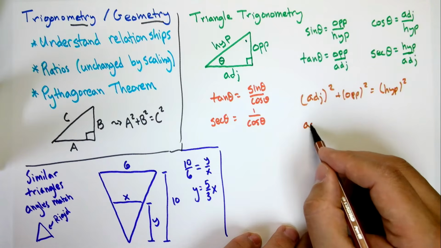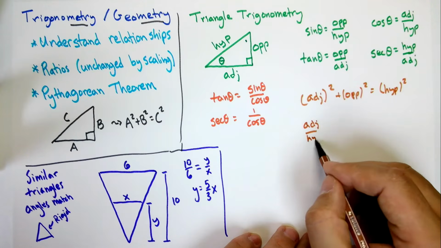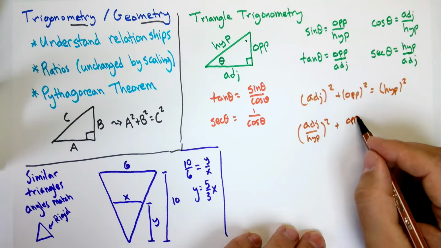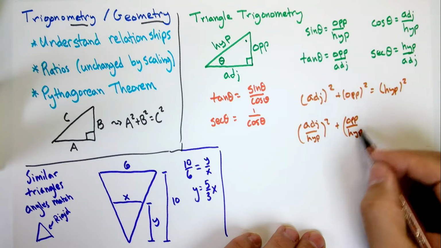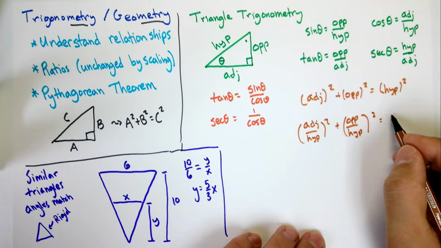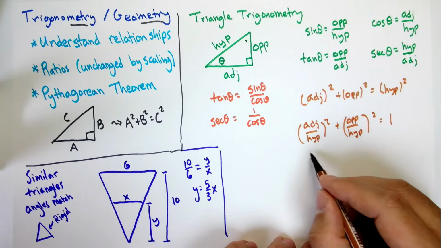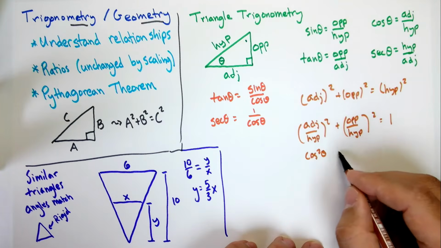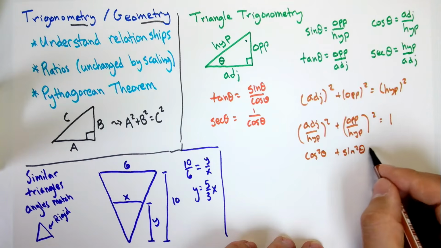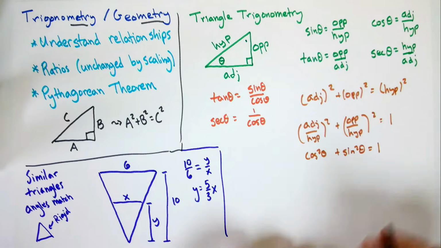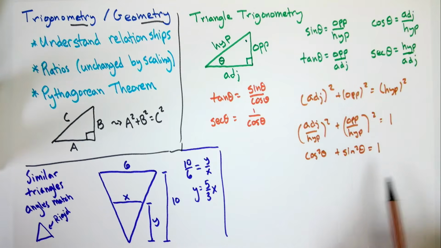Then what we'd get is that the adjacent side over the hypotenuse, squared, plus the opposite side over the hypotenuse, squared, is equal to 1 squared. And we have names. So that's cosine squared theta plus sine squared theta equals 1. What do we see? We see that this identity, really a nice one, is really just an expression of the Pythagorean identity.